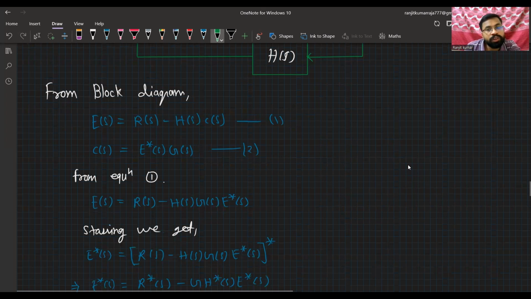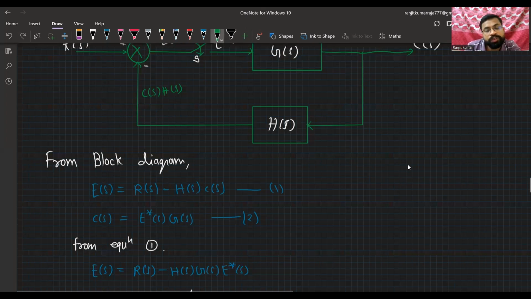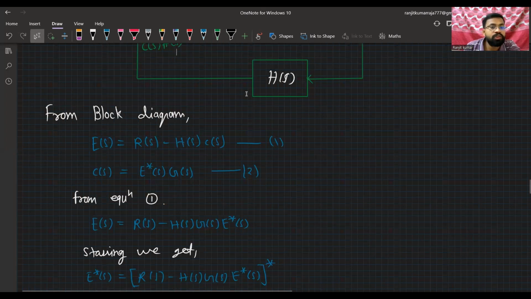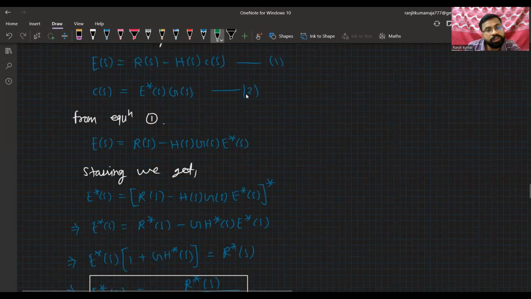And after that, C of S: we can write E star of S into G of S directly. Just multiply this signal with this signal, and it will become E star of S into G of S, that is C of S. Let's suppose this is equation number 2.